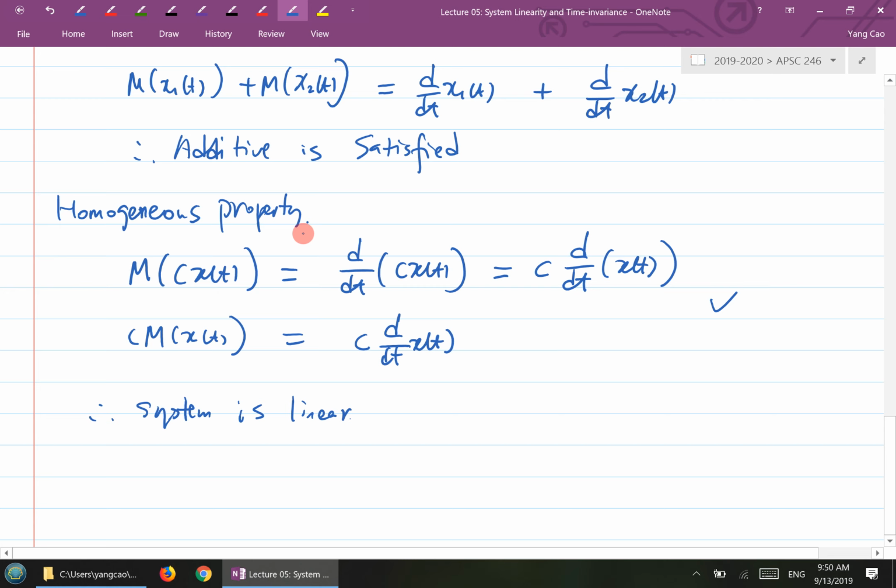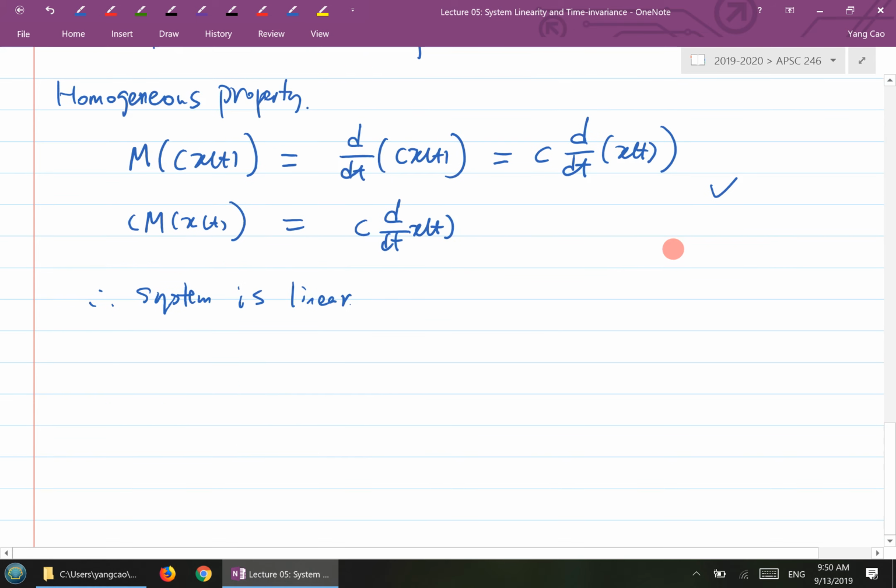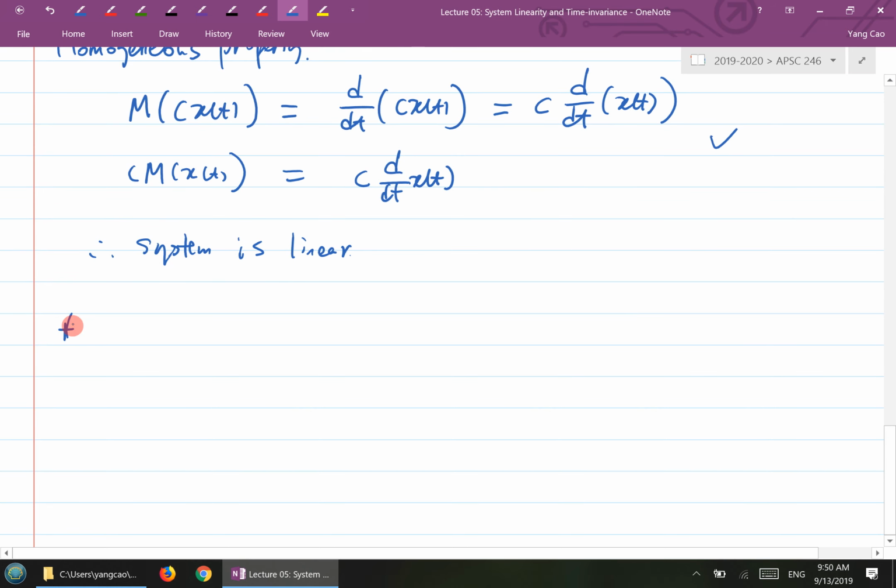Okay. Any questions on system linearity? All good? Okay, so let's look at the last type of system classification. That is time-invariant or time-variant system.